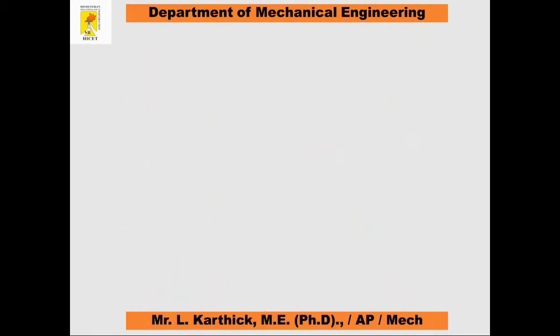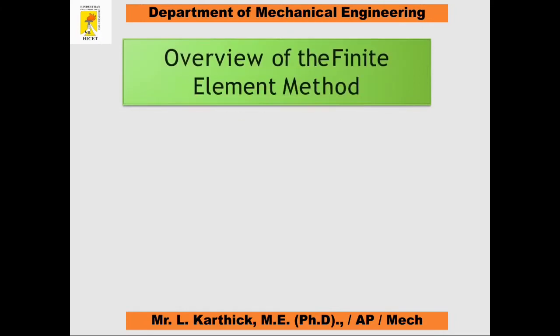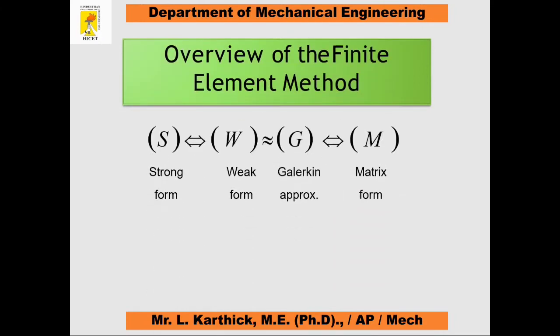We are going to discuss the overview of the finite element method. Since the method has different techniques, in general we may describe it with these terms: either a strong form or a weak form.